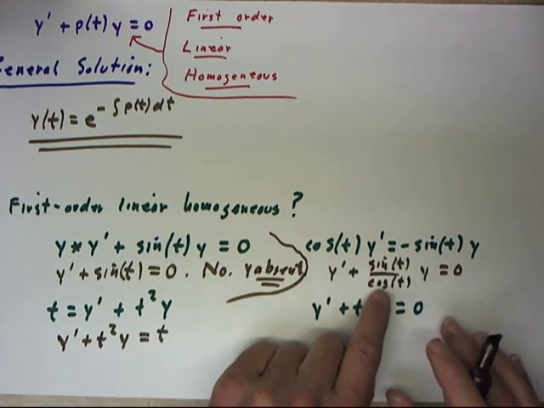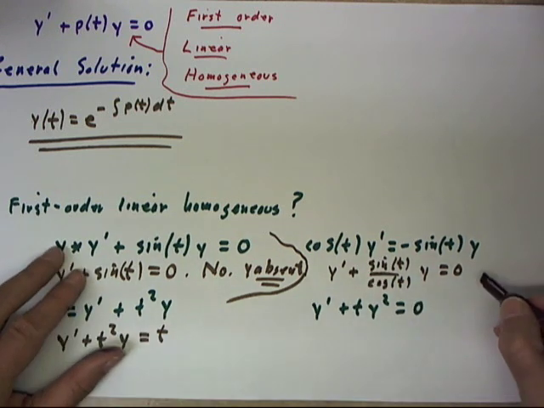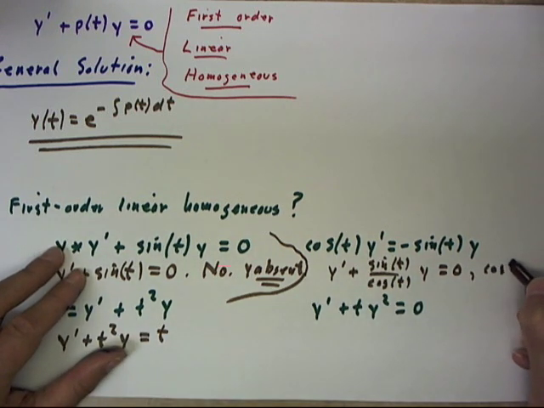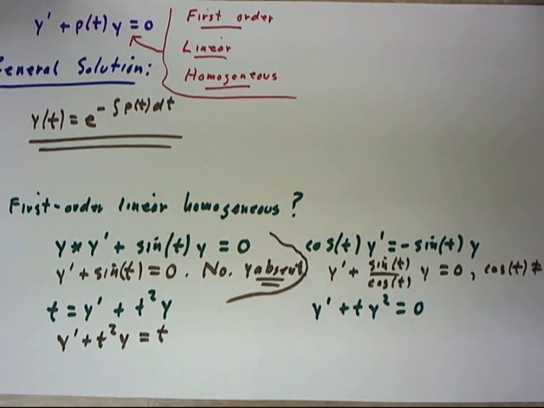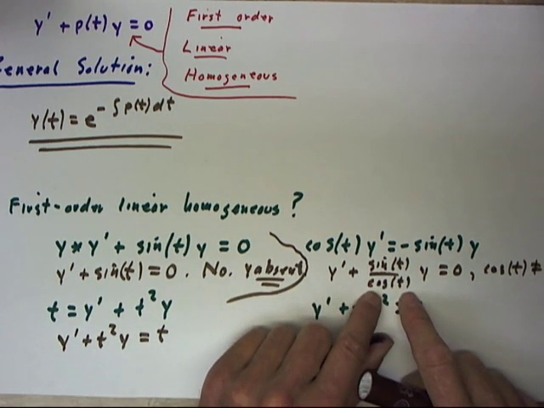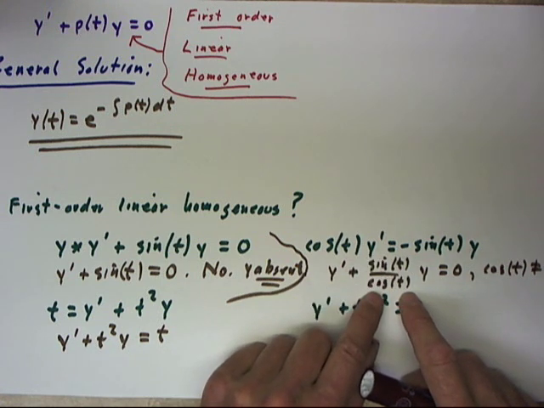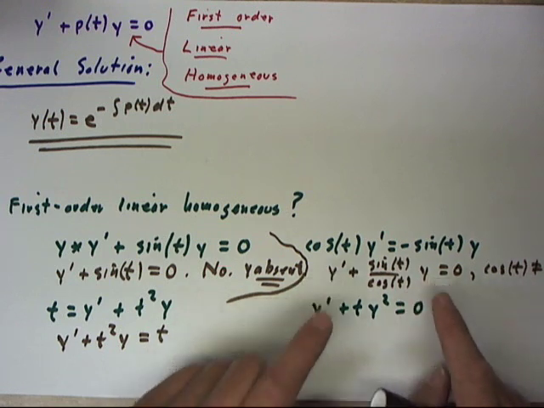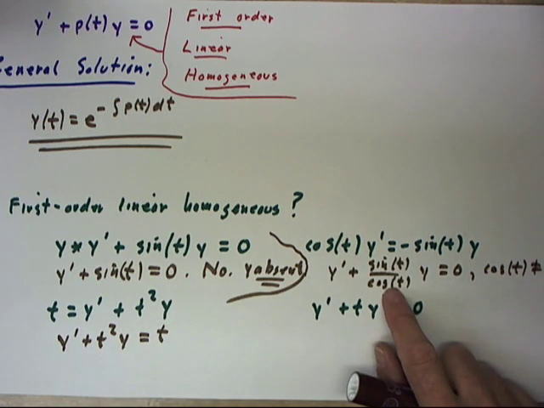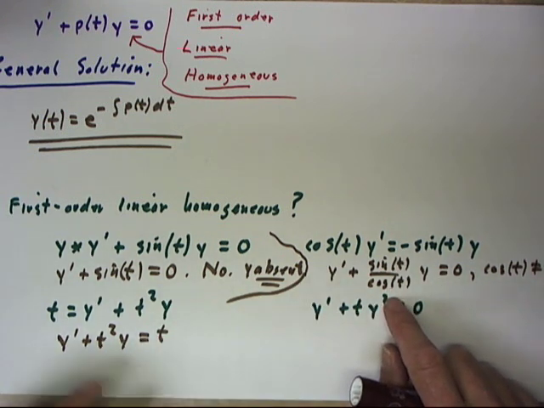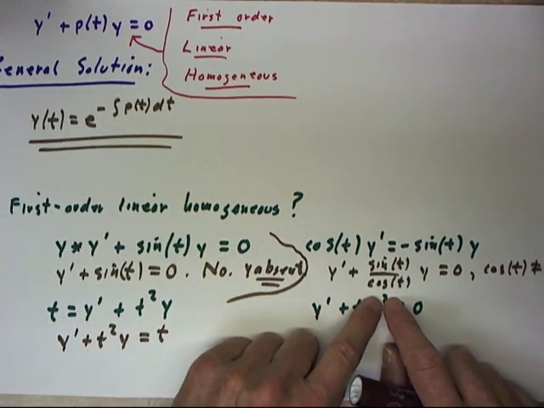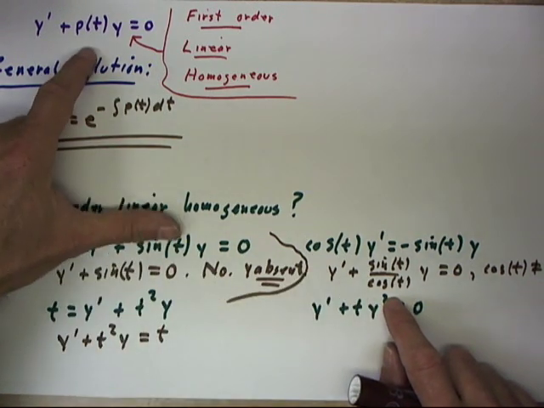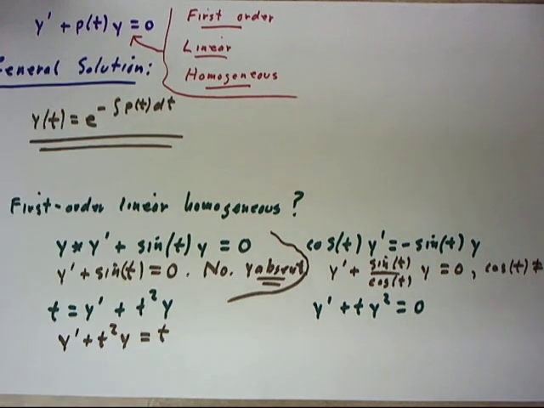So we have y prime plus sine over cosine y equals 0, with the condition that cosine of t is not 0. Now this is a perfectly good function p of t, sine of t over cosine of t, and as you should know, that's just the tangent of t. It has its derivatives and antiderivatives, which are a little bit complicated, but not much. So this does fit our form, and we're okay.